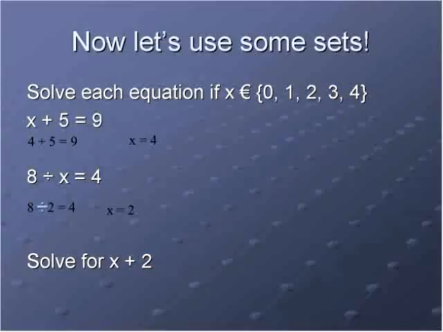So let's go ahead and do that. 0 plus 2 is equal to 2. 1 plus 2 is equal to 3. 2 plus 2 is equal to 4. And 3 plus 2 is equal to 5. And 4 plus 2 is equal to 6.